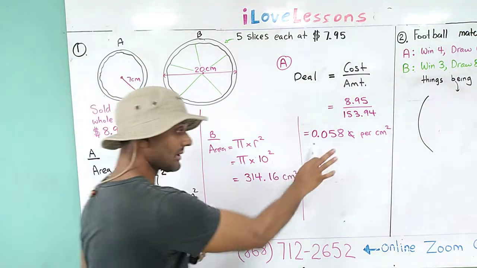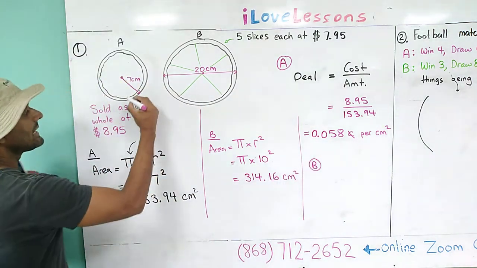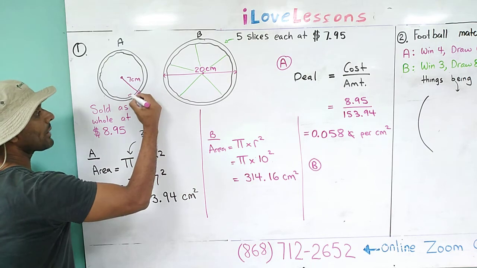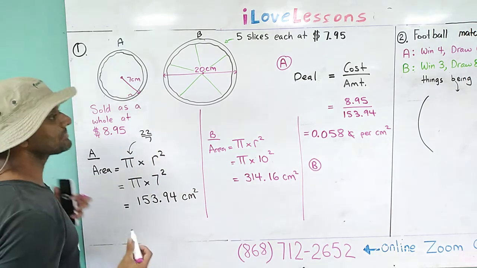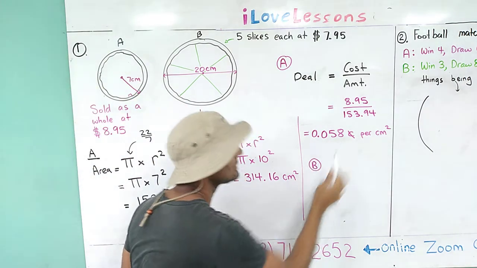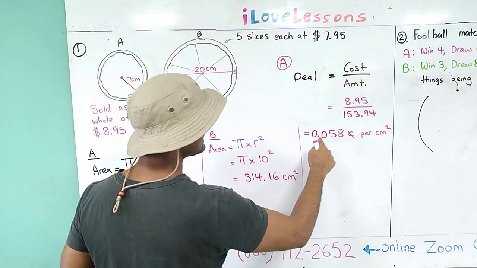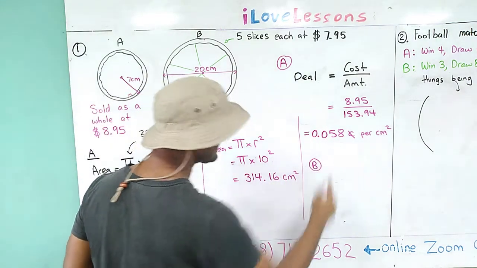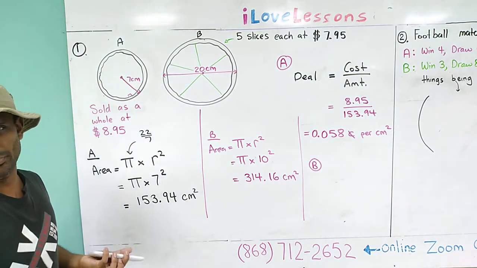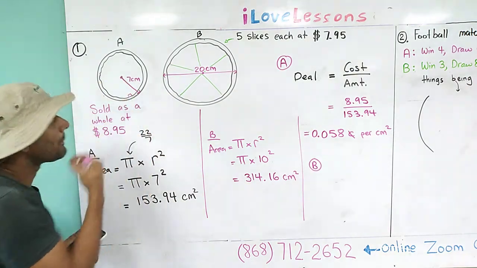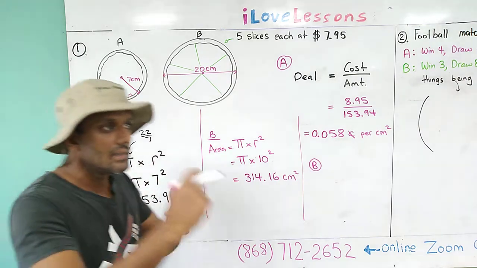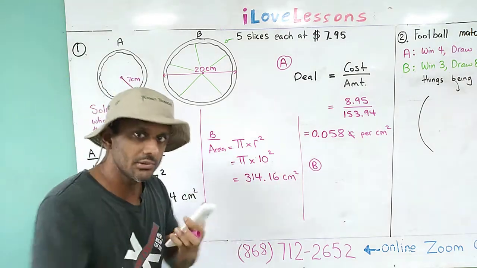That's a pretty small number. So that means every centimeter squared that you eat out of this pizza is costing you this amount of money. $0.058. Seems cheap, right? For every small bite that you take out of the pizza, you're paying for each piece as you eat it.